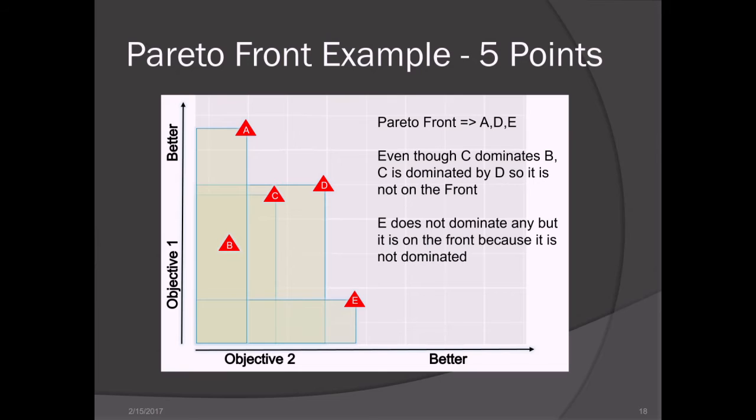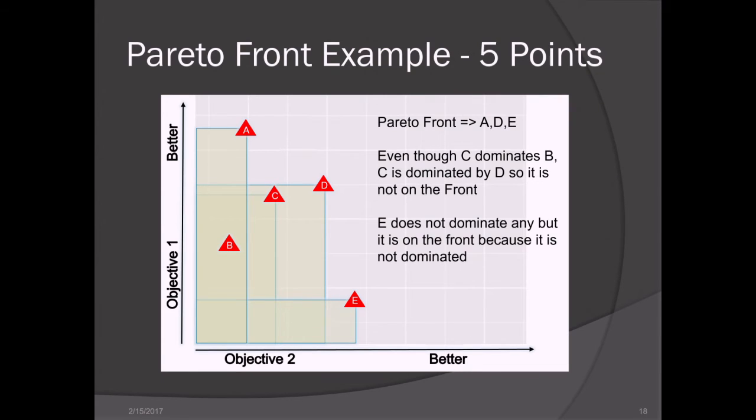So we see point C. Point C definitely dominates point B because it's better in both objective 1 and objective 2. However, point C is dominated by D, and therefore it cannot be on the Pareto front. Okay? Now, in a different kind of example, if we look at point E, we might ask, how did point E get selected to be on the Pareto front?